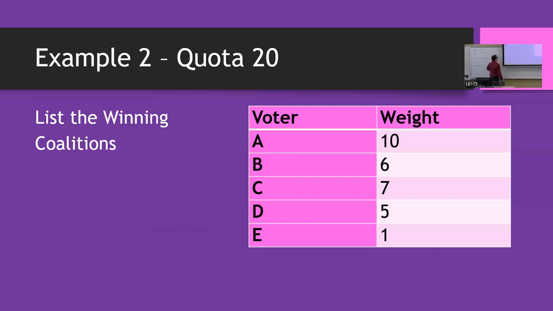So let's talk about the winning coalitions. I was mentioning that earlier. The winning coalitions are the groups that add up to 20. I'll write some of those down on the board.